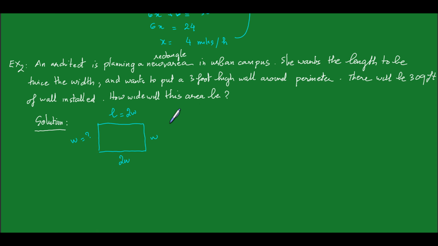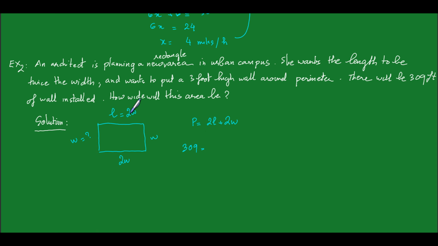So from here we know the formula is P equals 2 length plus 2 width, right? Remember the perimeter of the rectangle. So that is the literal equation, a formula. They give you perimeter is 309.